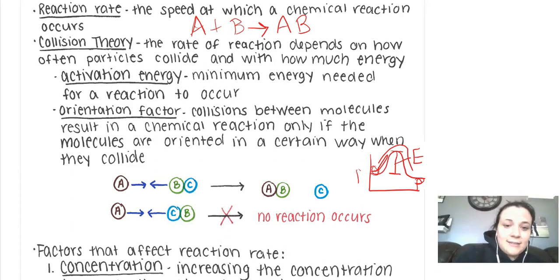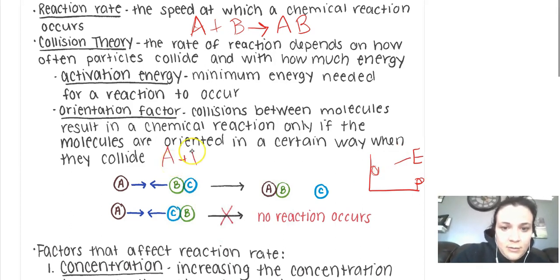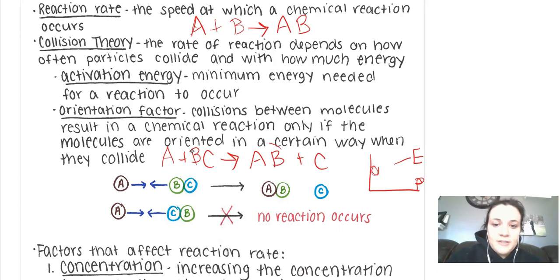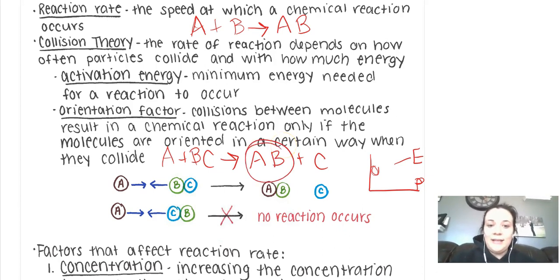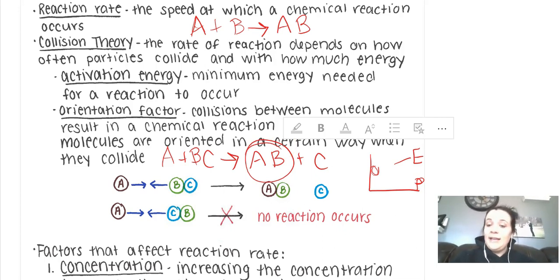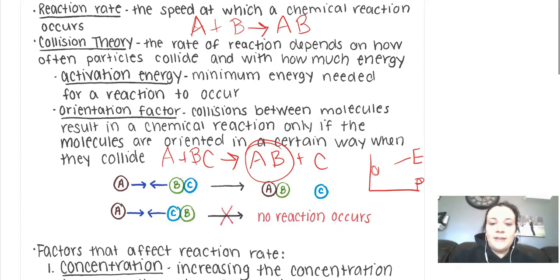Let's say this was a single displacement reaction where A was reacting with BC to produce AB plus C. So I want to form product AB. Well, in order for that to happen, A has to collide with B. If A collides with B and they collide with enough energy, I can form product AB. Well, let's say they're not oriented in that way.